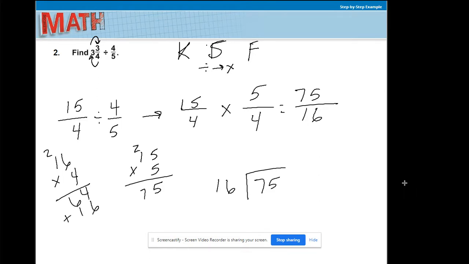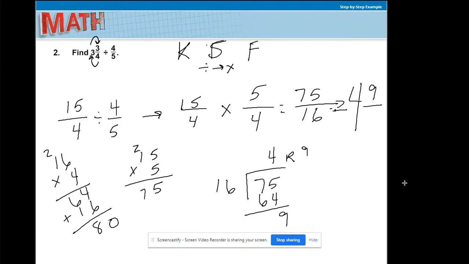If I add another 16, which is going to be 80, that's going to be too high. So we're going to stick with 4. So 4 whole times, 64, and then the remainder is 9, which then gives us our answer, which is 4 9/16.